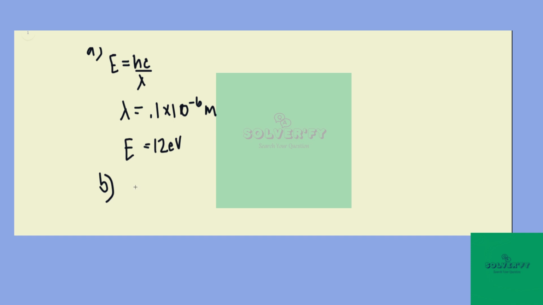So what we're going to do then is use this for our lambda, and then set that equal to h over p. Okay, we want to know the potential difference.